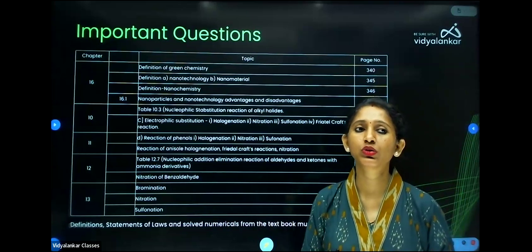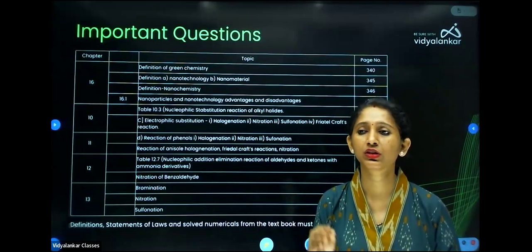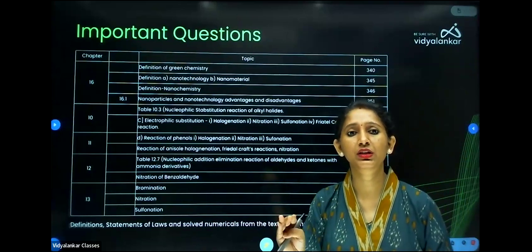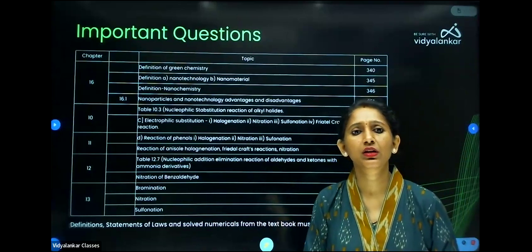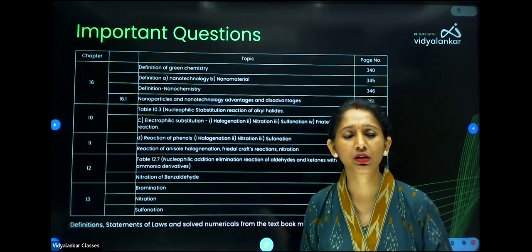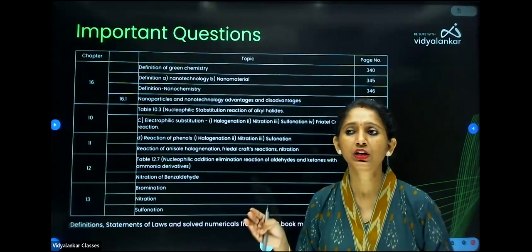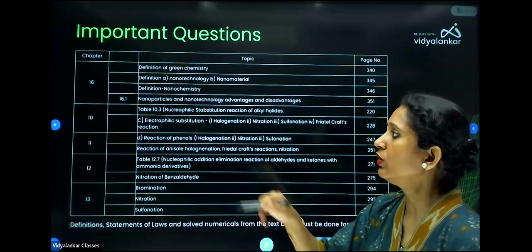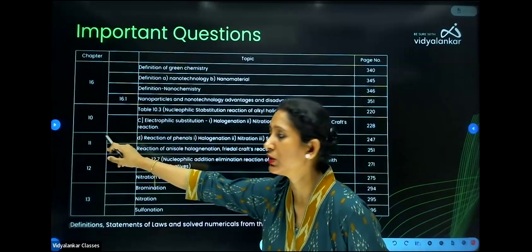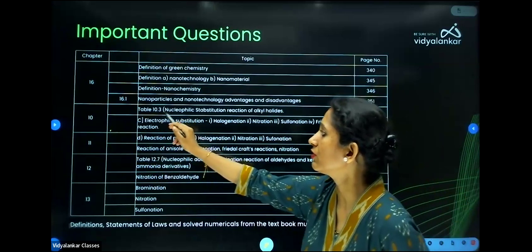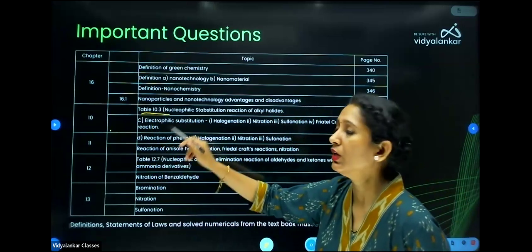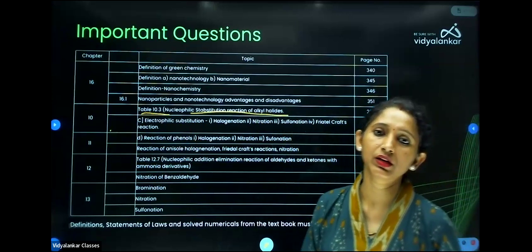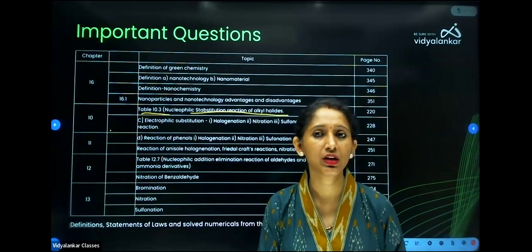So do not skip electrophilic substitution reactions in organic chemistry. There is a possibility, and mostly a question from electrophilic substitution reactions comes in the paper. So do not skip these reactions. With chapter number 10, halogen derivatives, table number 10.3 is given with the nucleophilic substitution reactions of alkyl halides. 9 to 10 reactions are there.